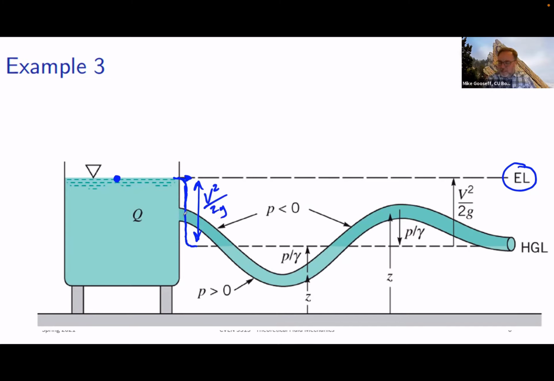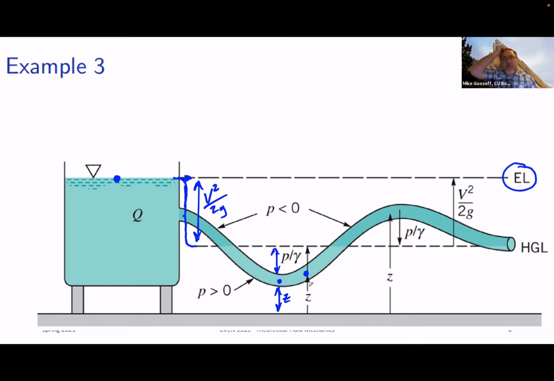Z is high here. It drops down to here. So there's Z at this location. And the offset here to get us back to our hydraulic grade line is P over gamma. In any event, these two are trading off as you go along this whole length of the pipe.